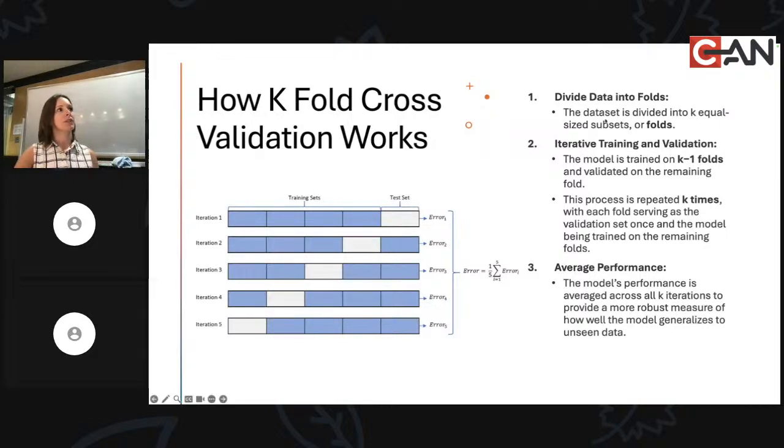All right, let's talk about k-fold validation, how k-fold cross-validation works. In this picture here, we have different iterations of model training, and we have split the data into a series of folds. We have split the data into 5 folds. So the first thing you're going to do is divide your data set into k folds. You'll notice a pattern with the use of k in machine learning that it typically represents n, like the number that you put into your model. So k is equal to 5 here.